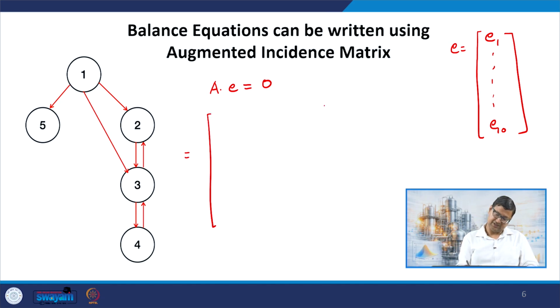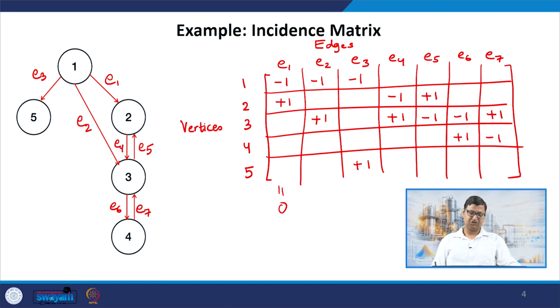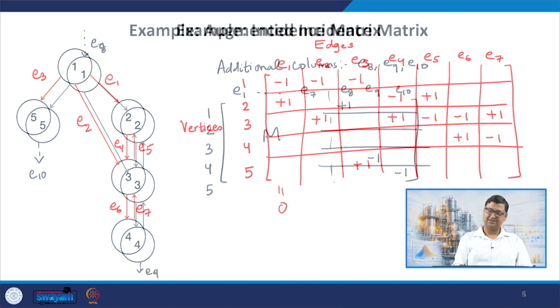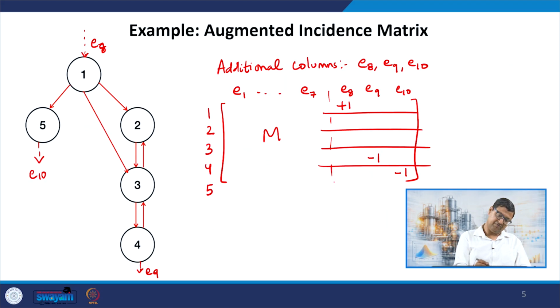It will give me basically 5 rows, right? And for the first row, we'll have minus E1, minus E2, minus E3, and then plus E8. So by the way, I have defined E1, E2, E3, E4, E5, E6, and E7.